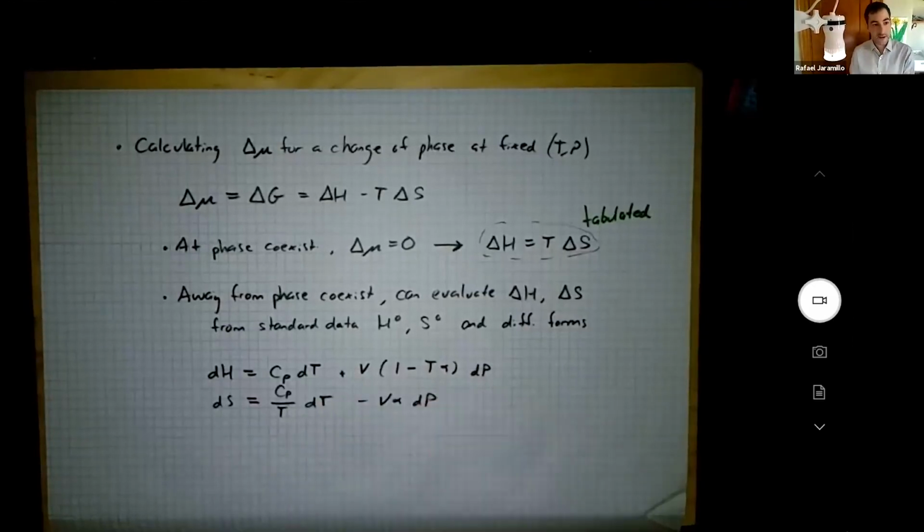Again, these are surfaces. These are state function surfaces over the TP plane.